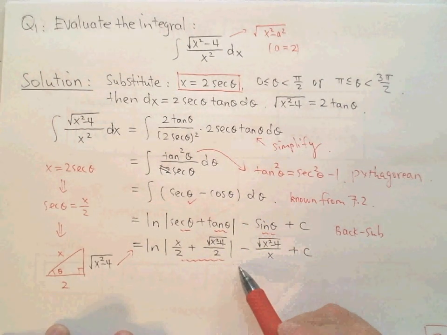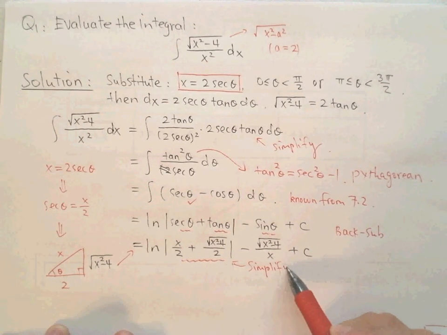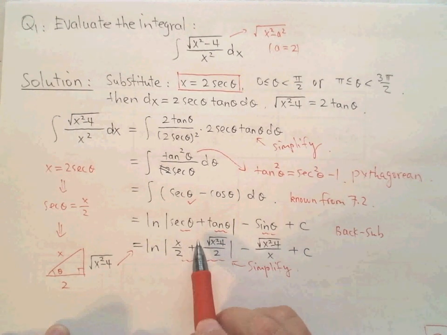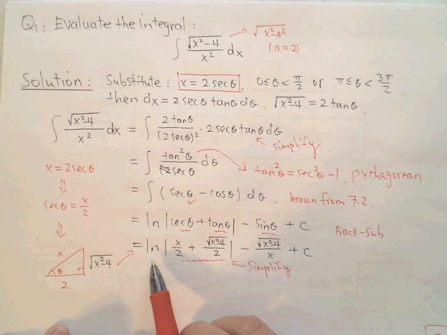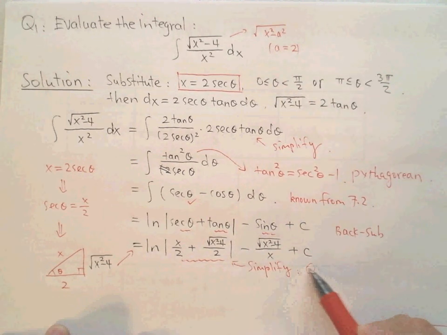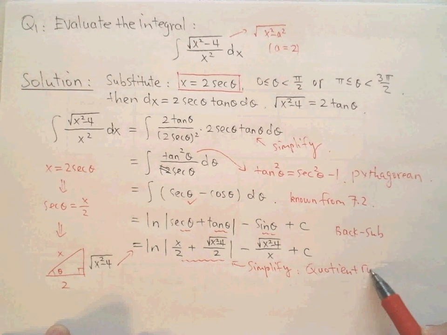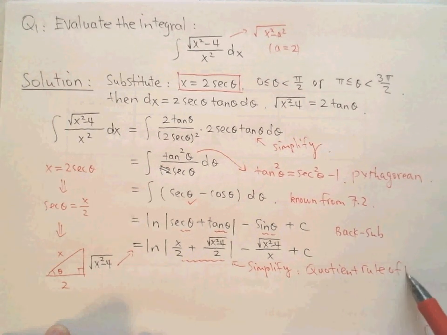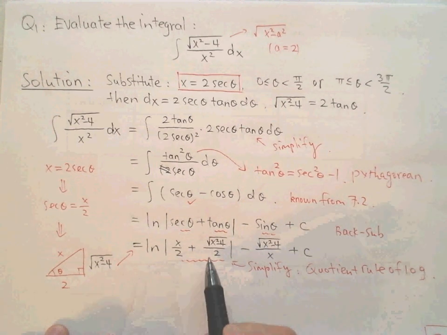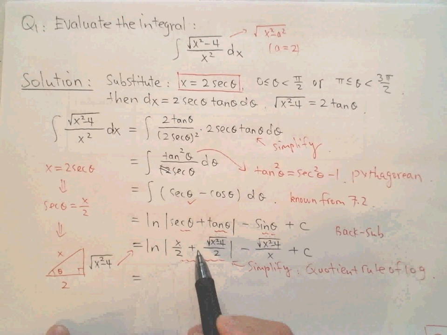Keep in mind that I am going to simplify this a little. Why? Because we put it together as a quotient inside the ln, the logarithm. We have a quotient rule, right? You can use the quotient rule of logarithms to simplify a little. And of course, the first step is you need to compound the fraction.